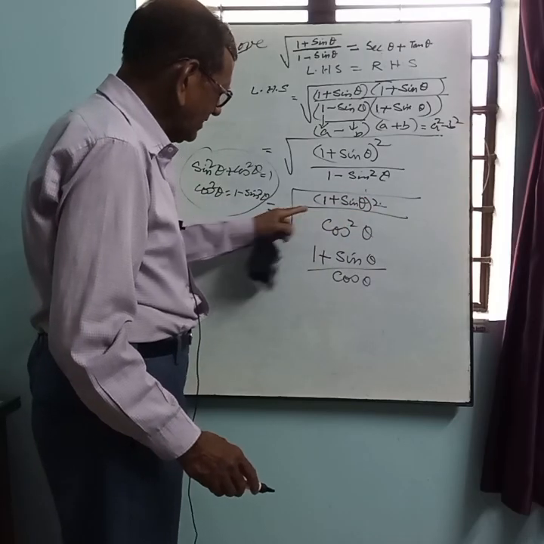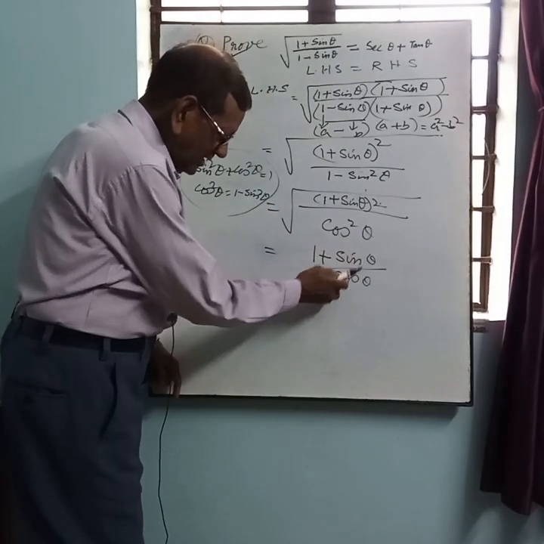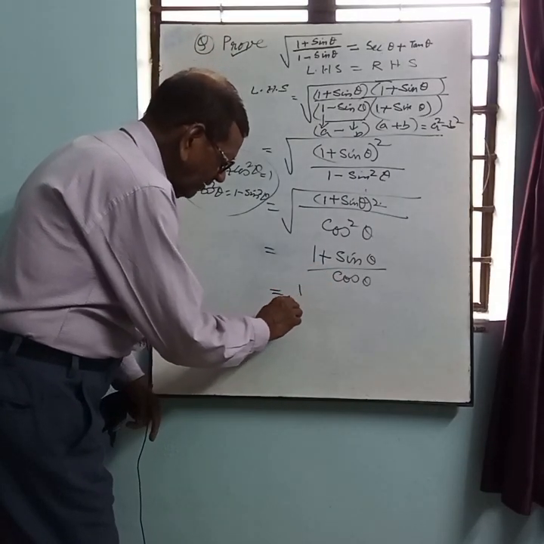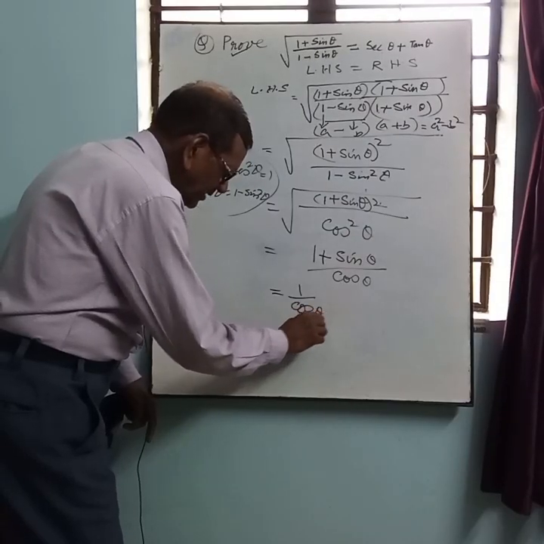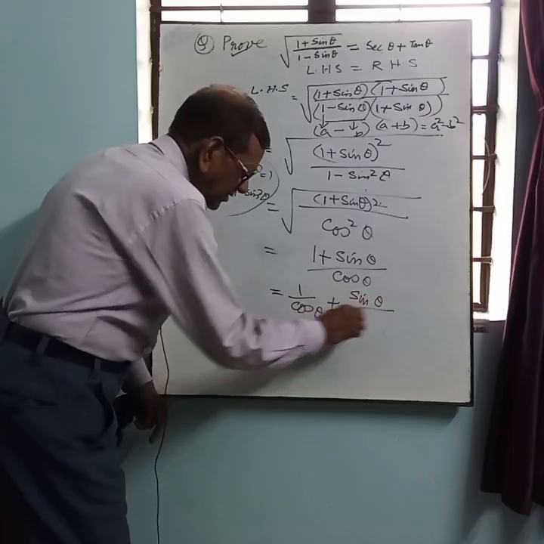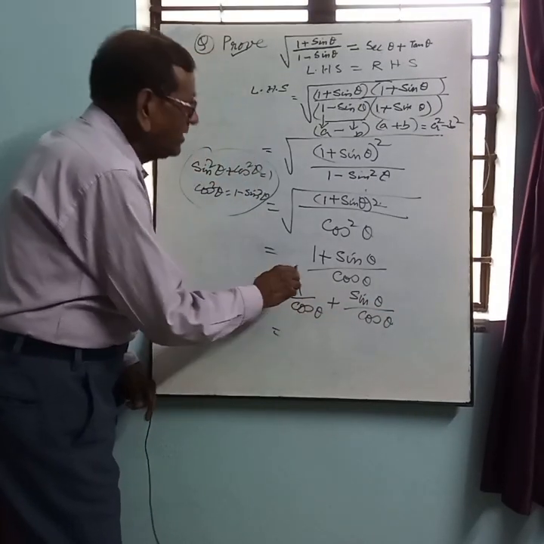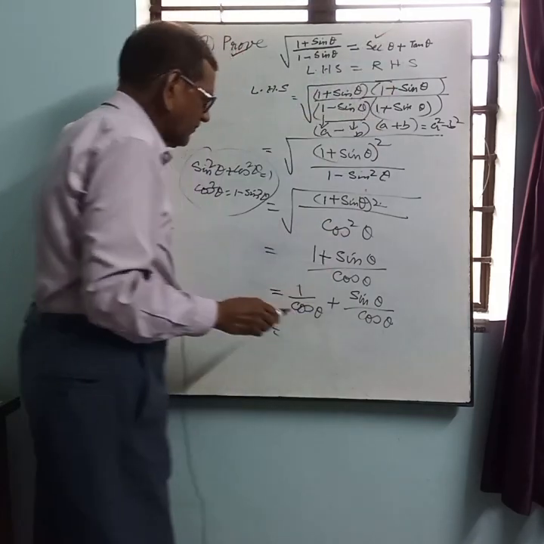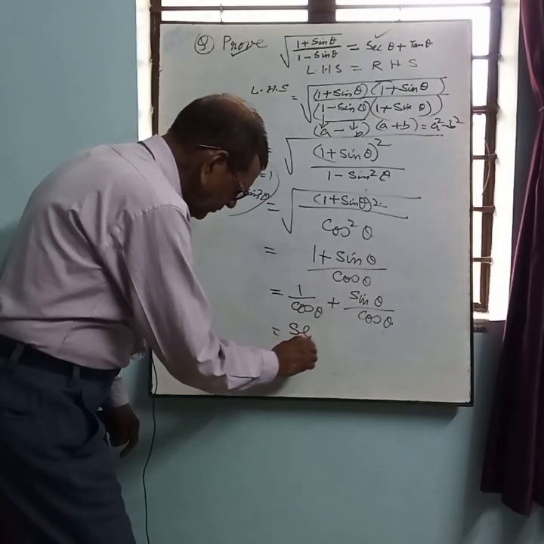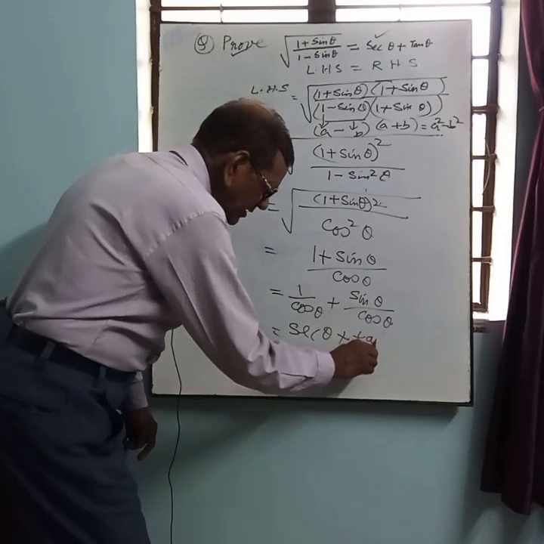Now, here two things are divided by a common cos theta. So, you write 1 divided by cos theta plus sine theta divided by cos theta. Now, you know that 1 by cos theta is sec theta. This identity you should understand. 1 by cos theta is equal to sec theta, plus sin theta by cos theta is equal to tan theta.